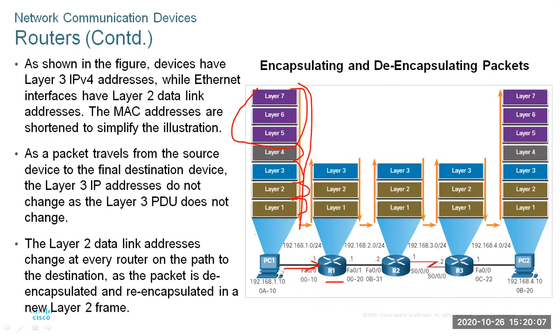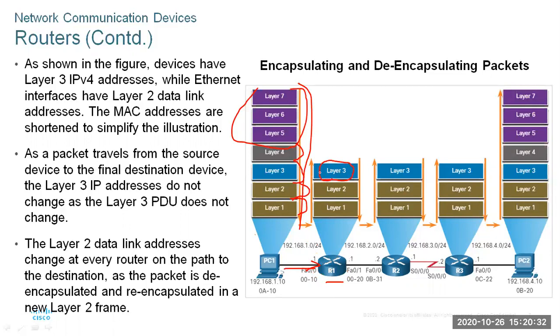So why does it stop at layer 3 decapsulation? The reason is that this router is a layer 3 device, a network layer device. So it needs to decapsulate up to that network layer in order for the router to be able to understand the information that is inside the IP header.